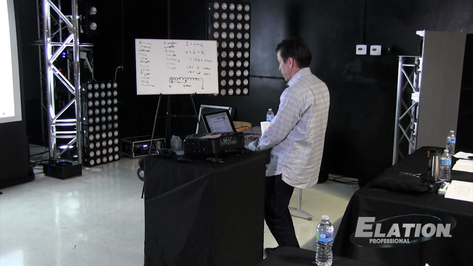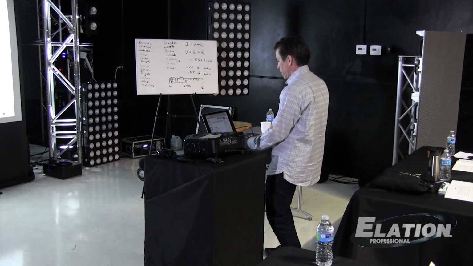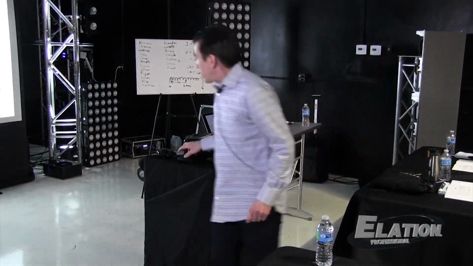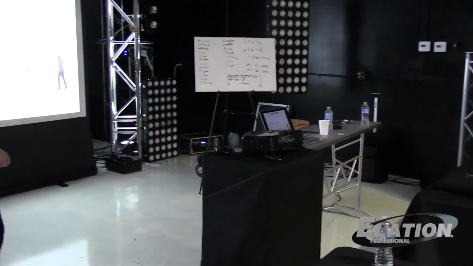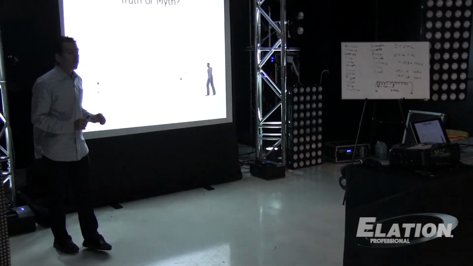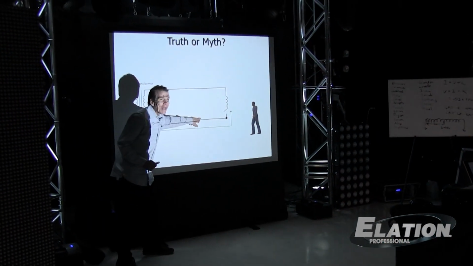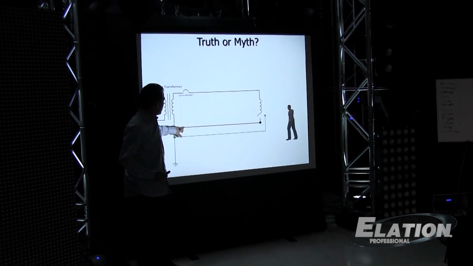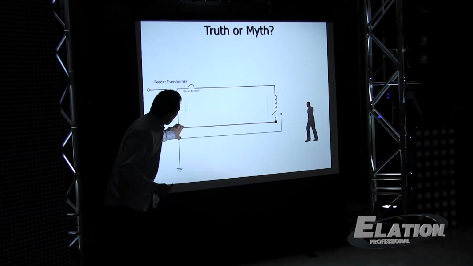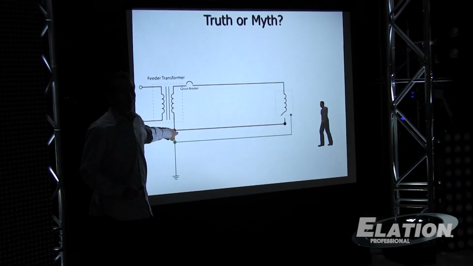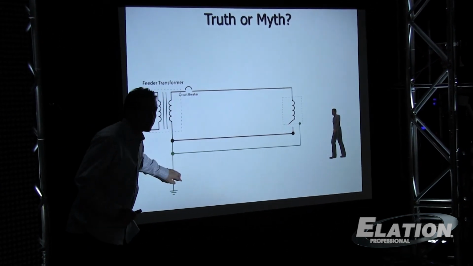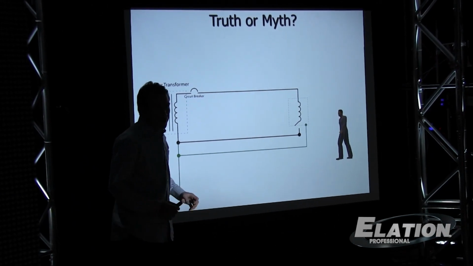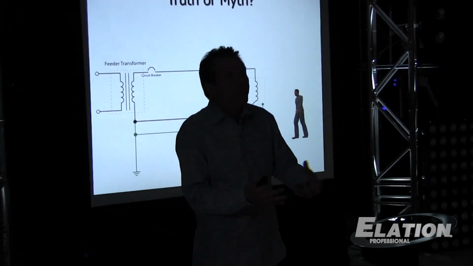Right here, right? Yeah. So, if you look at the way we connect our power, this is the white neutral conductor. This is the green ground. They're both connected at the supply. And they're connected to the grounding electrode, which is a copper rod connected to the earth.